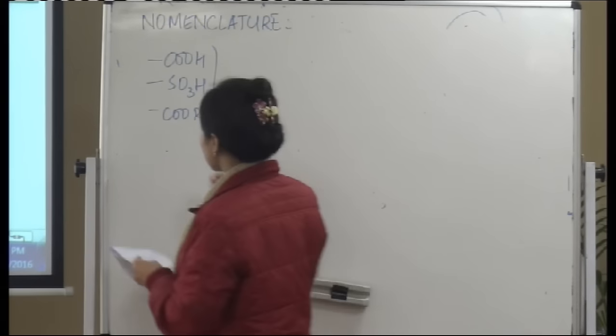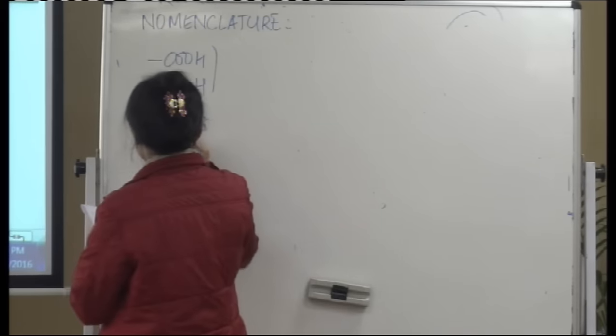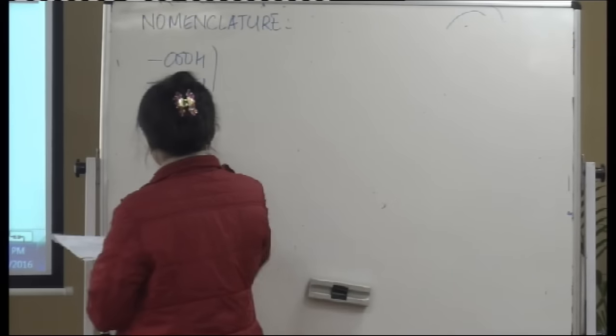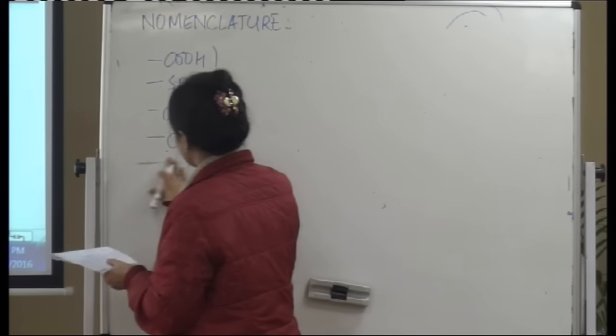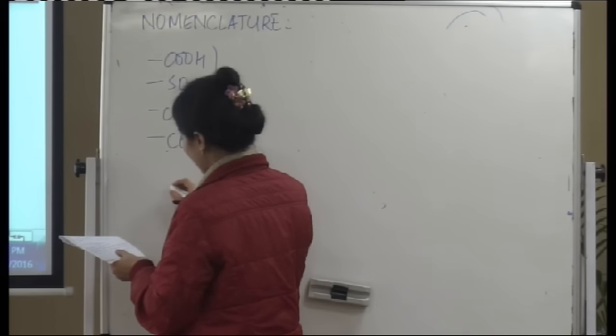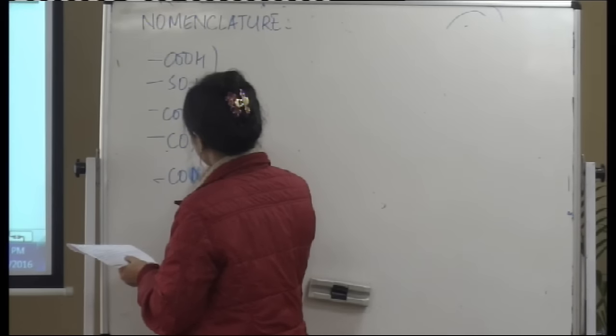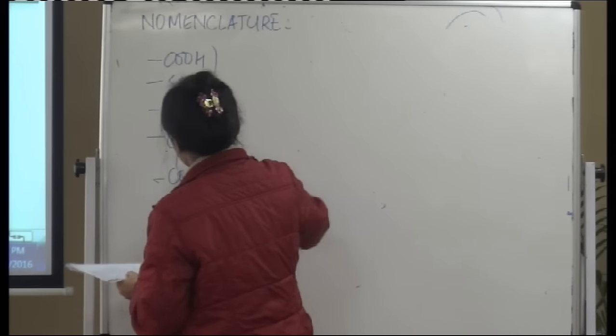So you have COOR, then you have the acid halide, then you have acid amide, CONH2. Acid amide is your CONH2.